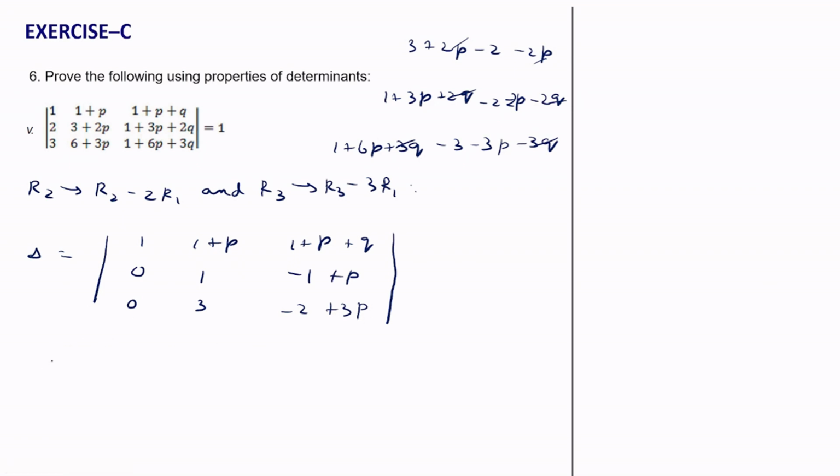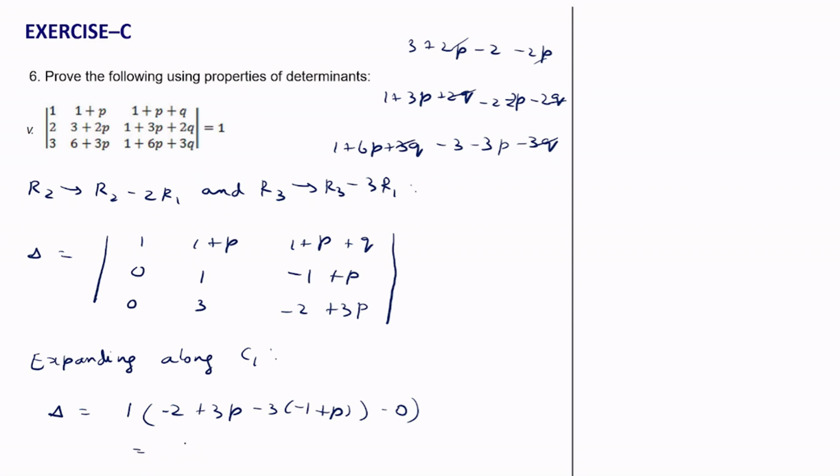Now we can expand along C1. Expanding along C1, delta will be equal to 1 into minus 2 plus 3p minus 3 into minus 1 plus p. The other terms are 0.